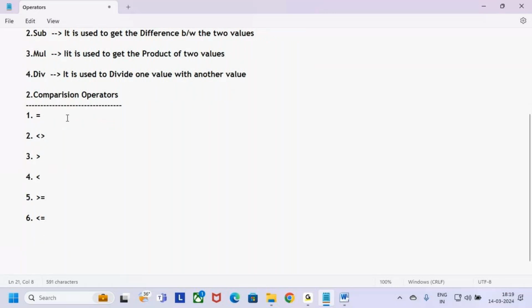The first one is equals to, and next one is what?